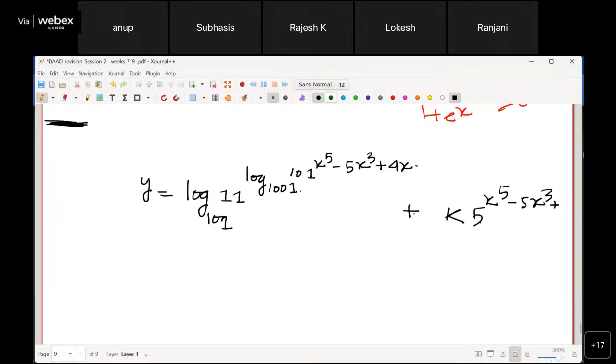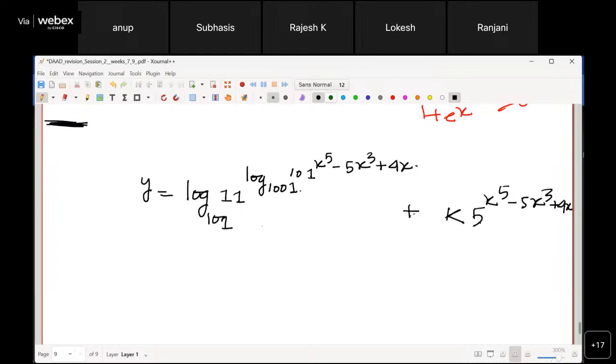Mostly I think the values of x given here are the roots of this polynomial, whatever polynomial is given. So if I substitute -2 here, then what will I get? Can you tell me?